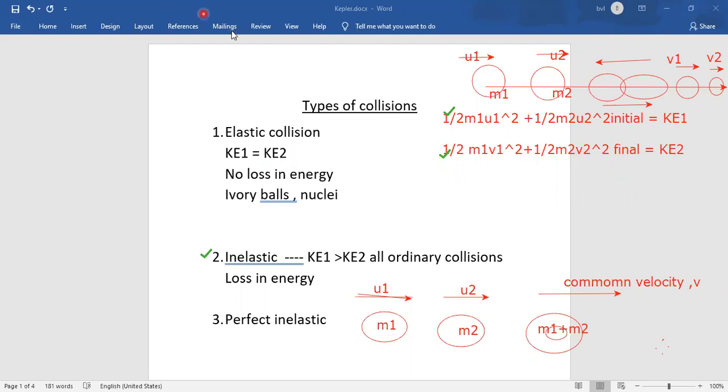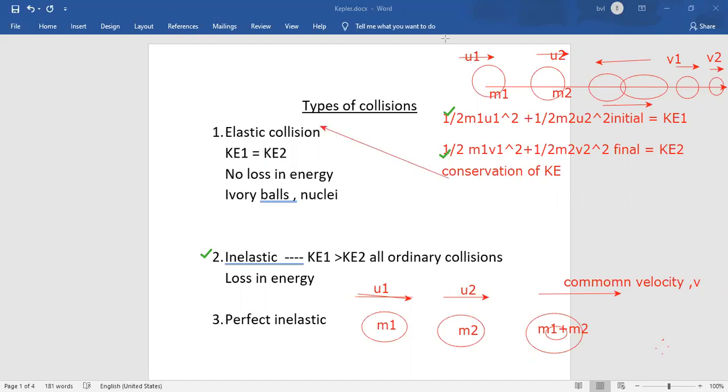This is called conservation of kinetic energy.